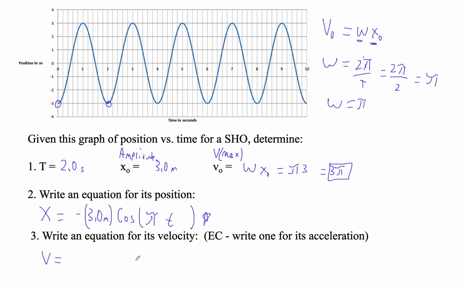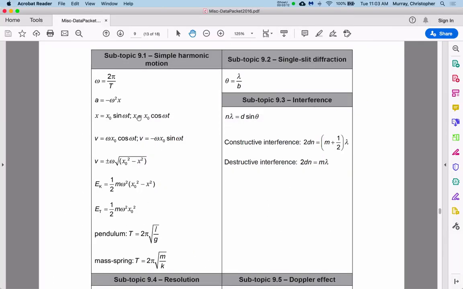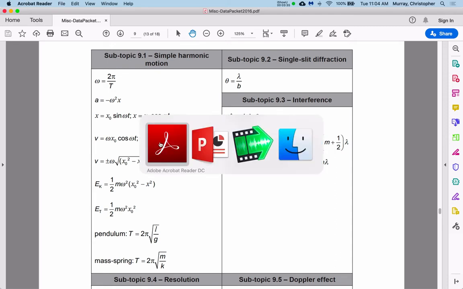If x is a cosine function, then the velocity will be a negative sine function. But x is not a cosine function. X is a negative cosine function, right? Okay, so if x is a negative cosine function, then v must be a positive sine function.